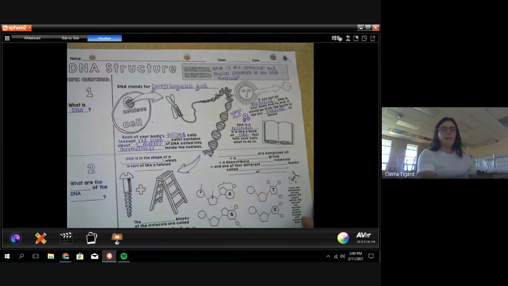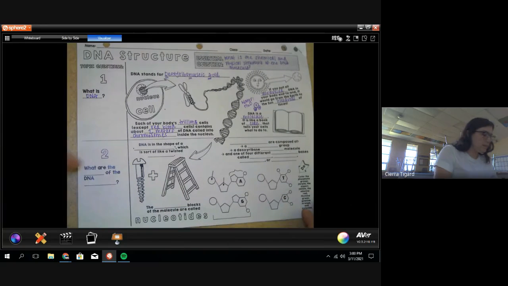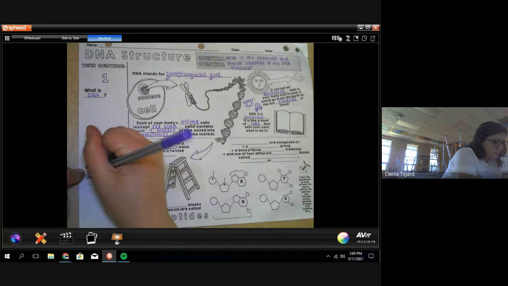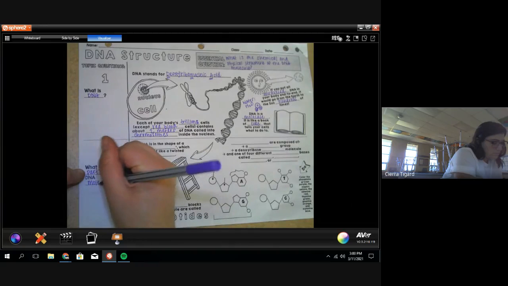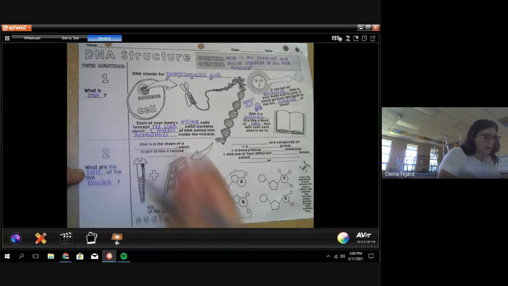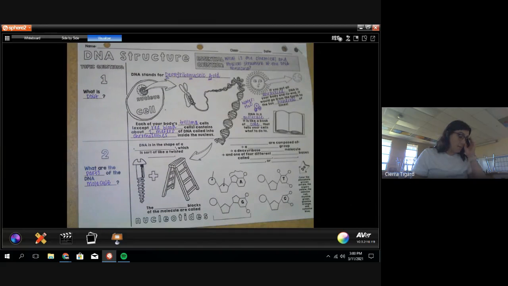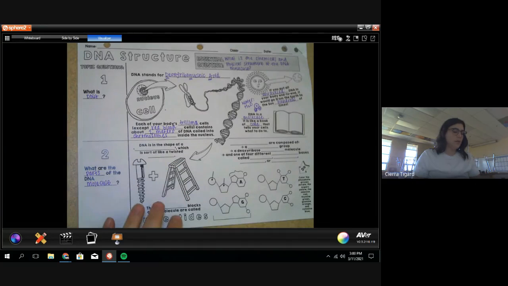All right, now we are on to topic question number 2. What are the parts of the DNA molecule? All right, so we are going to now talk about the very, very small and intricate pieces of the DNA molecule.